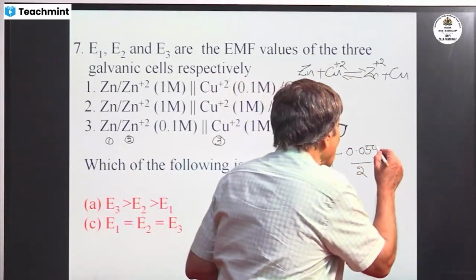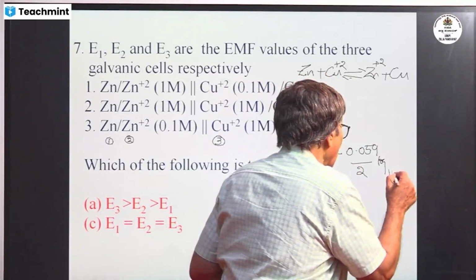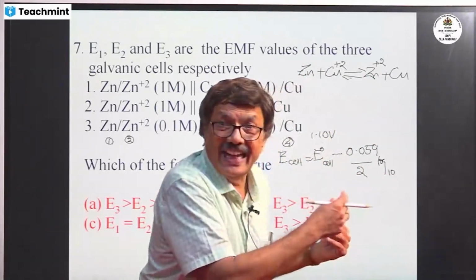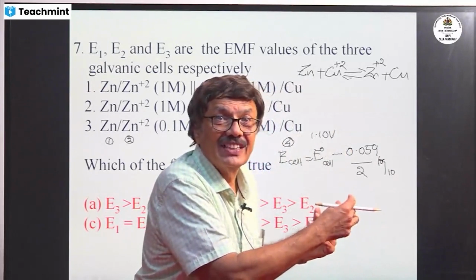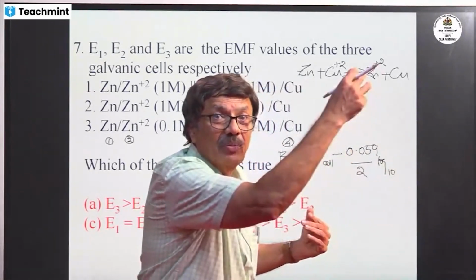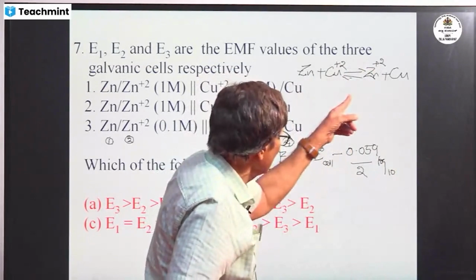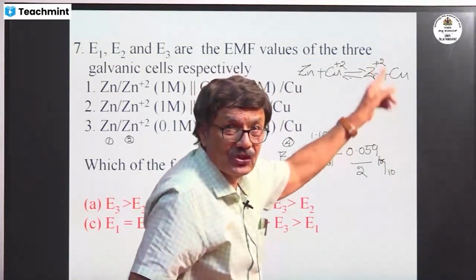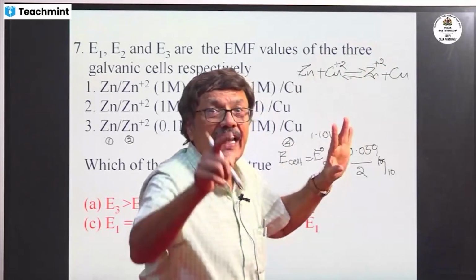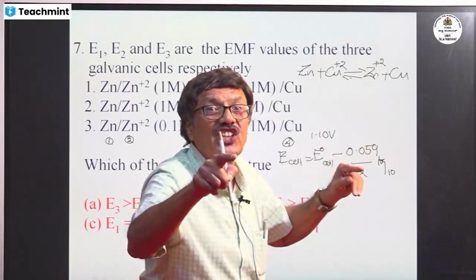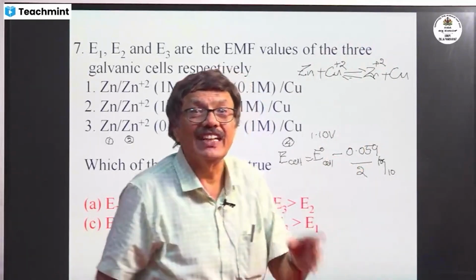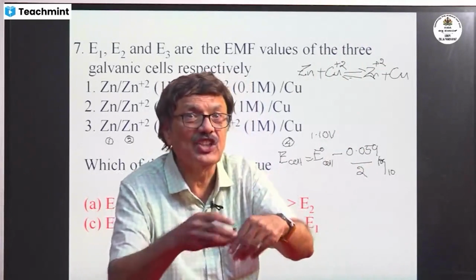Log to the base 10 of, in the reaction, what comes on the right side should come in the numerator. And any element in its free state, its activity is assumed 1 and it should be omitted.